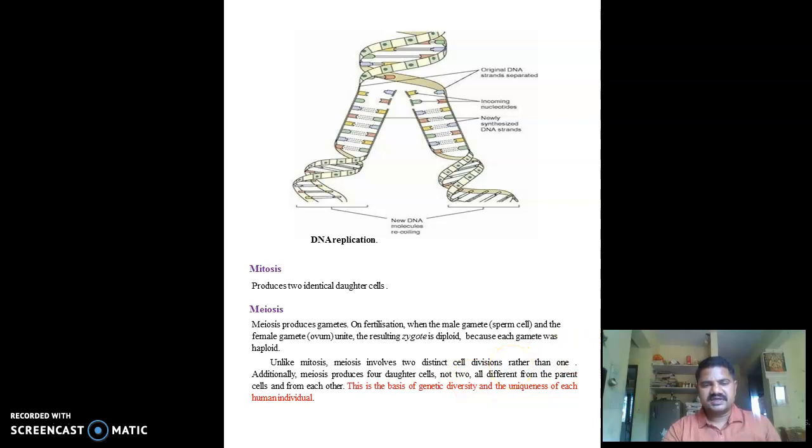Meiosis produces 4 daughter cells, not 2, and all 4 daughter cells are different from the parent cell and also from each other. That is the basis of genetic diversity and the uniqueness of each human individual. As meiosis takes place, the genetic characteristics of the person change and make it unique.